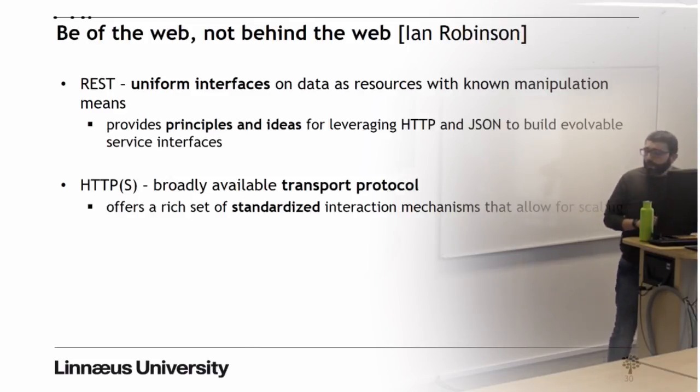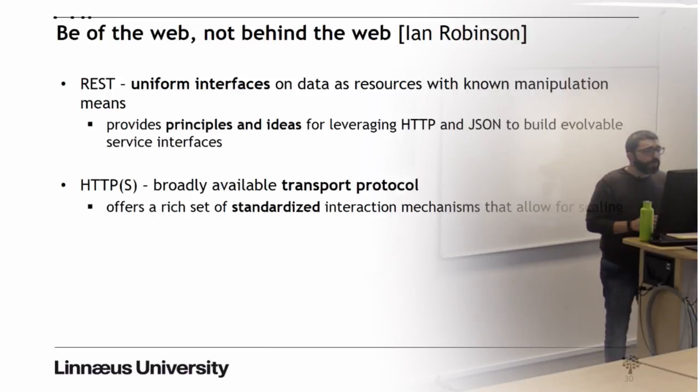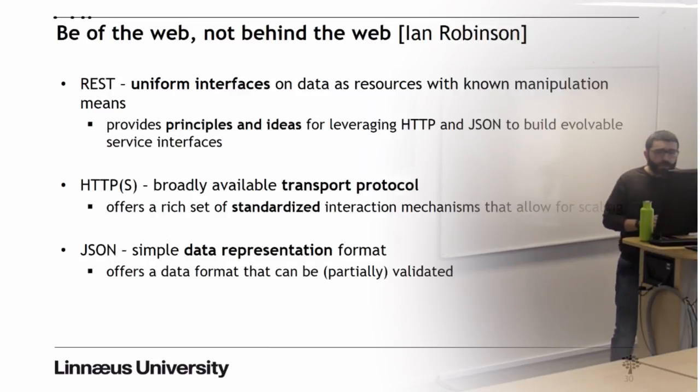Then we rely on HTTP, which is a broadly available transport protocol on the internet. And finally, we rely on JSON, which is a very simple data representation format that is much more efficient than XML. I mean, you can parse a JSON packet much more easily than an XML packet.